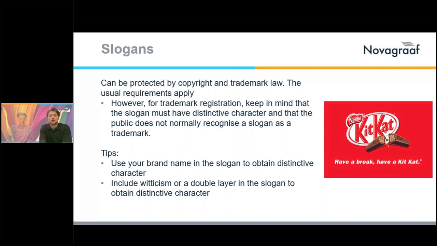But for trademark registration, just keep in mind that the slogan must have distinctive character, and that the public does not normally recognize a slogan as a trademark. And it is because most of the time they are just normal sentences, or they are very long. So that's why the public does not really recognize a slogan as a trademark normally.